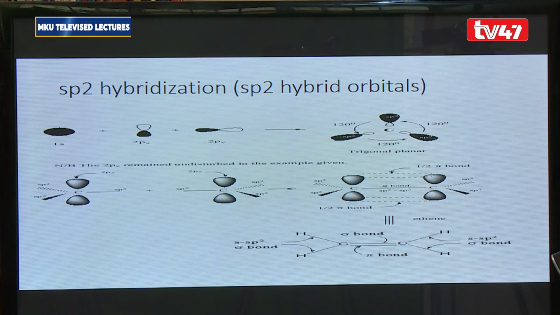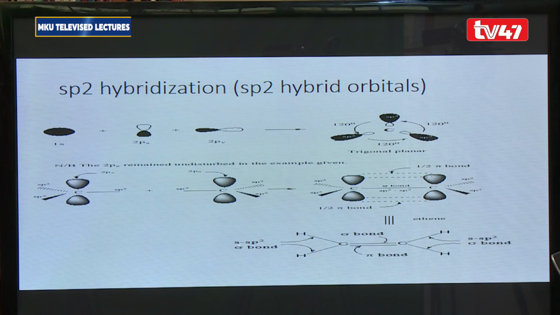In sp2 hybrid orbitals, the p orbital that is left is involved in a pi bond, because it can bond to the next carbon's p orbital to form a single pi-to-pi bond, while the rest of the three orbitals usually will form single bonds.